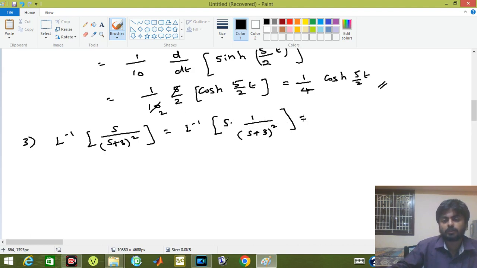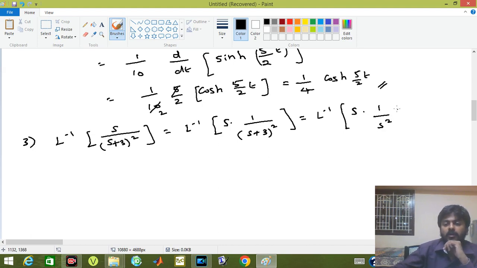Okay, so this is nothing but L inverse of s into 1 by s square, where this s should be replaced by s plus 3. That is what we should have.